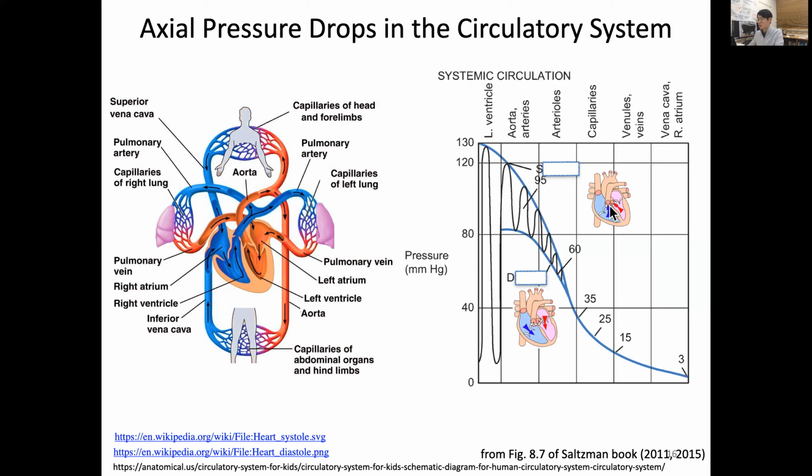This part is called systole. When it's expanding, the pressure goes down, and that we call diastole. While systole and diastole occur, when we go to the aorta and arteries, the pressure goes down. In the arterioles, it drops dramatically because the radius goes down, and through the capillary as well. And in the venules, veins, and vena cava, it keeps going down to very low pressure.